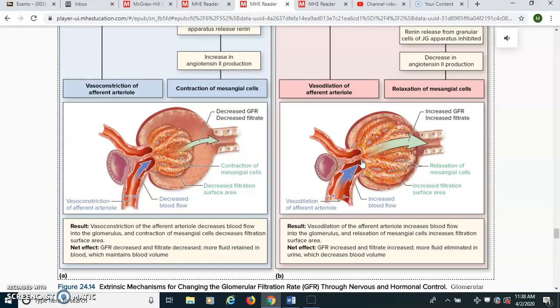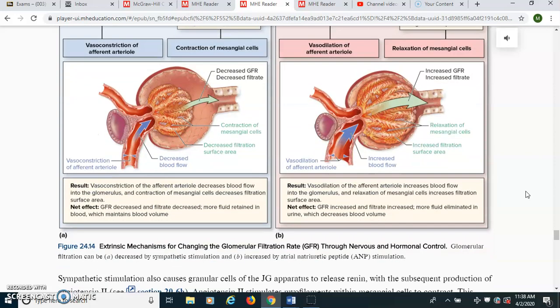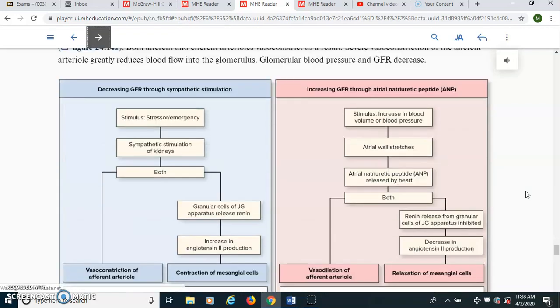This is a response of the body to try to maintain that blood volume and blood pressure back to where it needs to be. So, all right, that is the video on regulation of glomerular filtration rate by the nervous system and by the endocrine system, or the endocrine system's role in it.